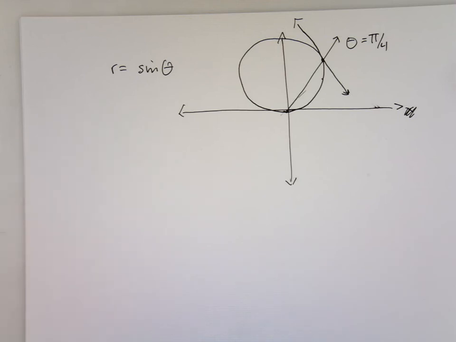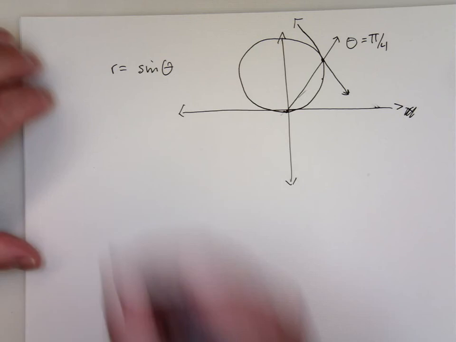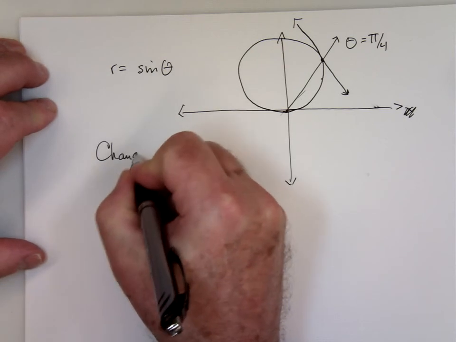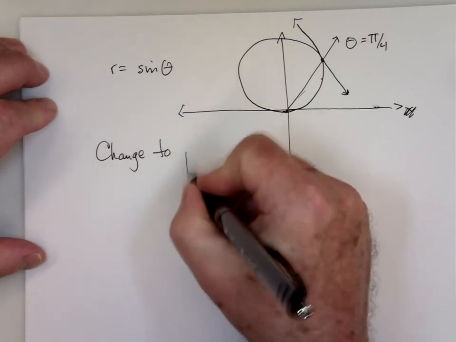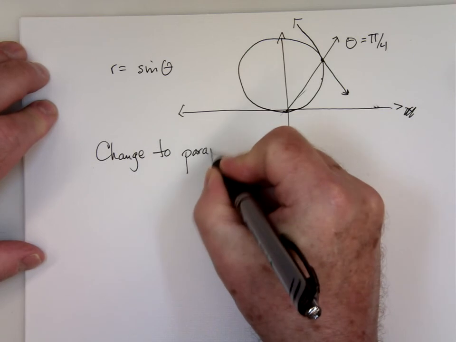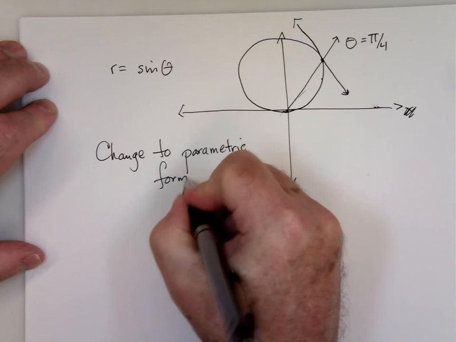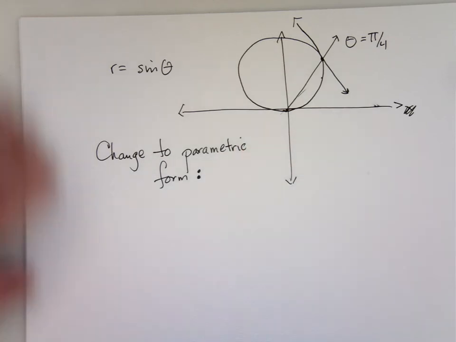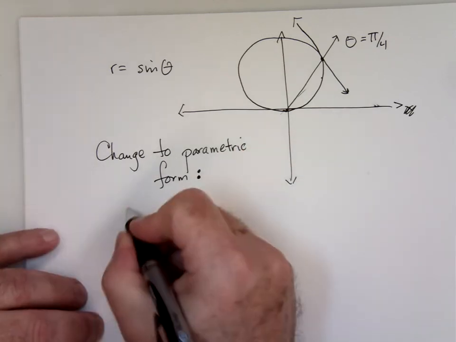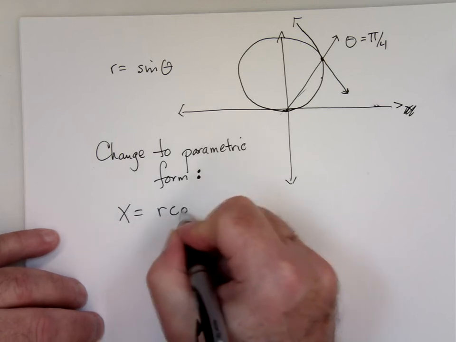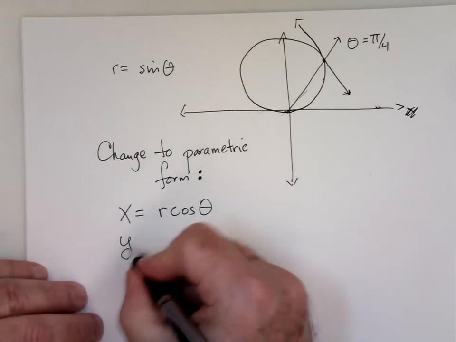The better way is to change this to parametric form. You change this to parametric form by doing the following. And we're going to have to do this a few times. And this is the last thing I'll do today here. Change to parametric form. We know that x is equal to r cosine theta, and we know that y is equal to r sine theta.